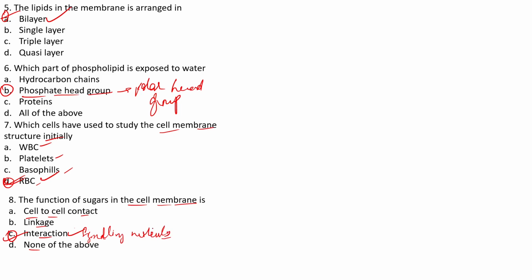Though carbohydrates are also involved in cell-to-cell contact, the major role of cell-to-cell contact is done by the proteins, remember. But interaction and making the cells aware of self and non-self is mainly done by sugars or carbohydrates. So the right answer here is interaction. C is our right answer.